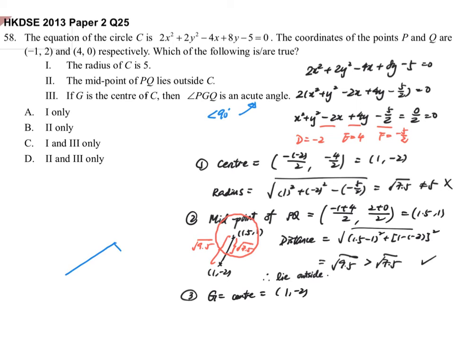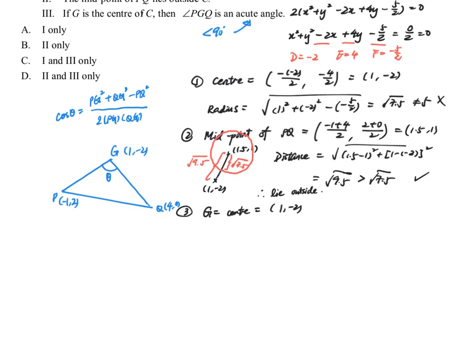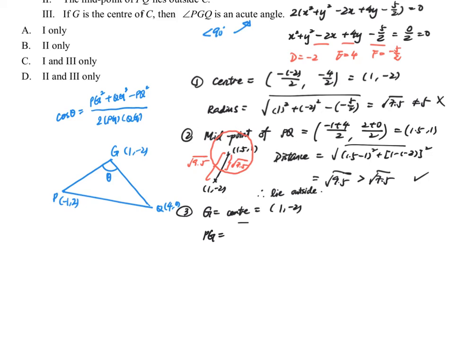Because the 3 points P, G, and Q can form a triangle, we can find the angle PGQ using the cosine formula, which is PG squared plus QG squared minus PQ squared over 2 times PG times QG. First, we need to find the three sides of this triangle. By the distance formula, PG is square root of 1 minus negative 1 squared plus negative 2 minus 2 squared.